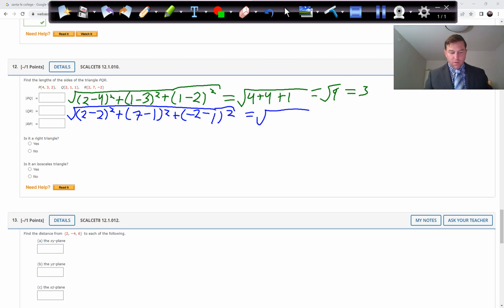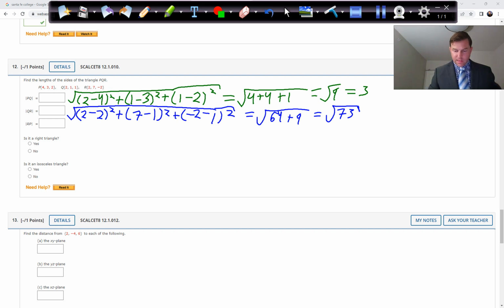This is going to equal 0 squared plus 8 squared, which is 64, plus this is negative 3 squared, which is 9. And that's going to be the square root of 73. Ugly number.